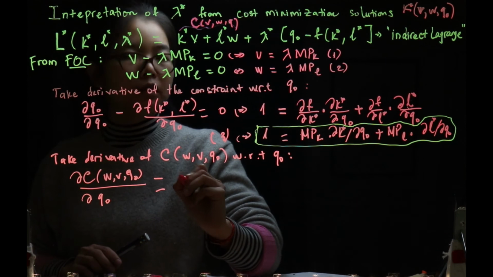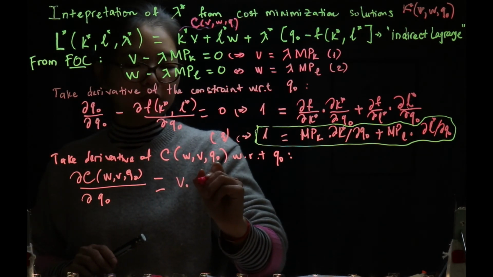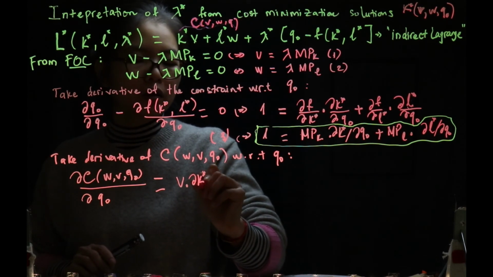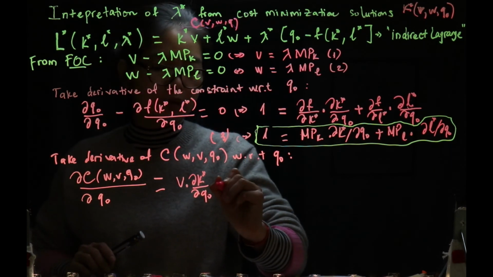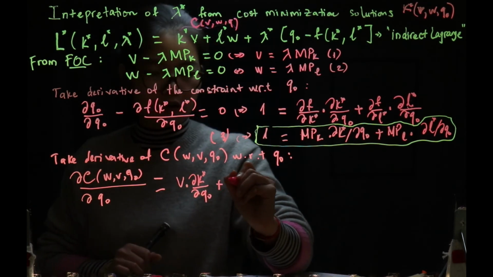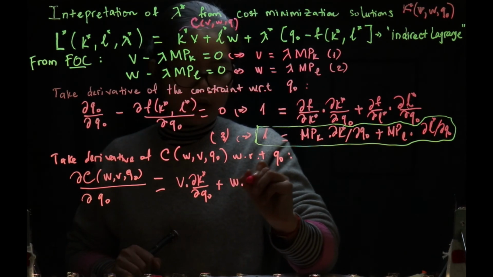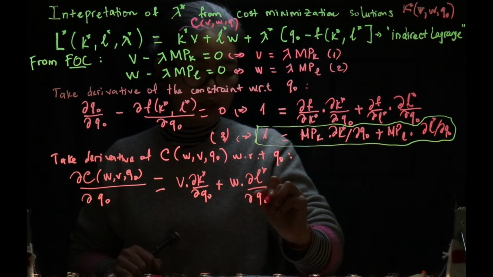That means we have V times the derivative of K star with respect to Q0, because K star is now a function of Q0, and similarly W times the derivative of L star with respect to Q0.